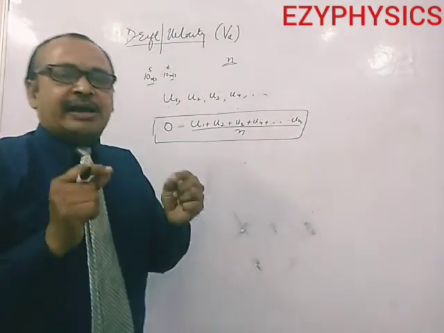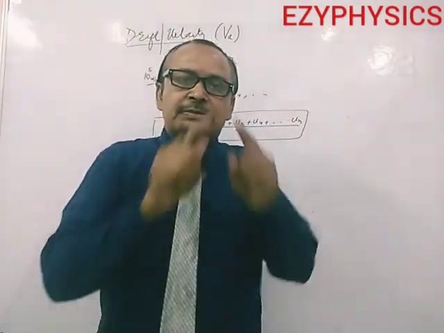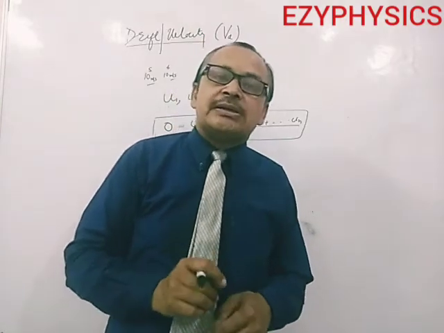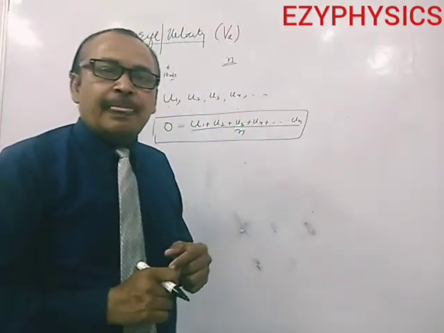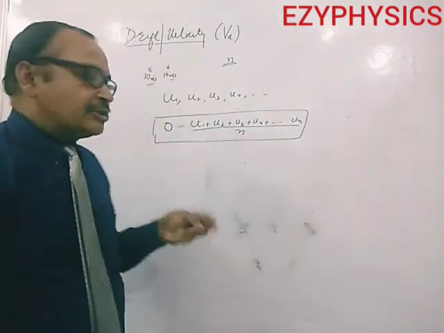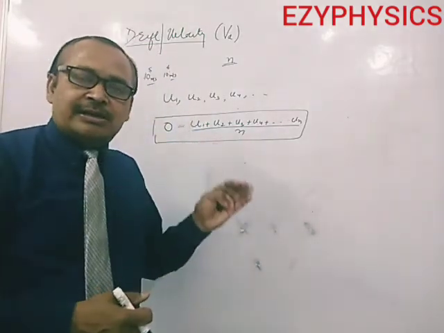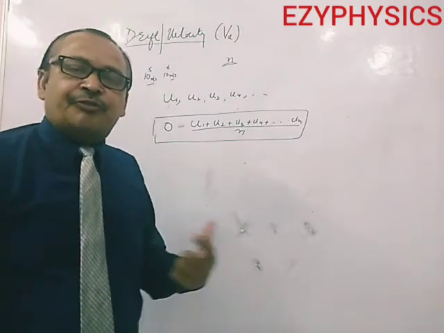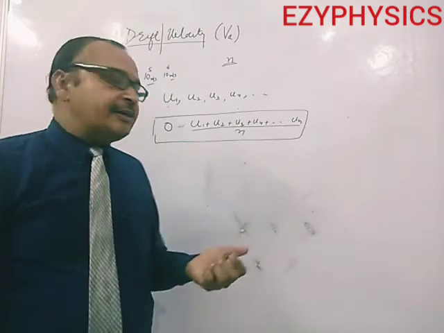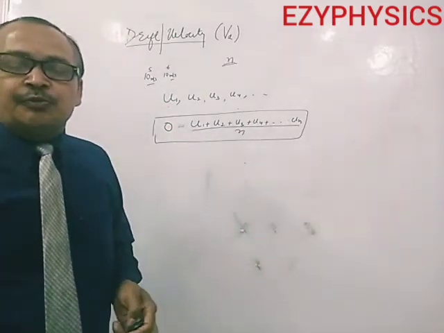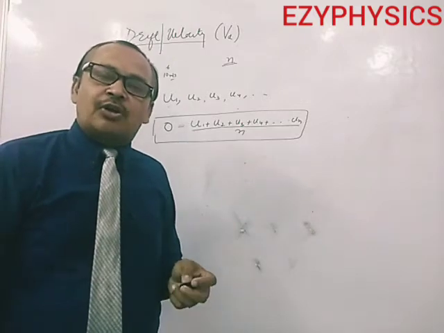Now when we connect an external source to the conductor, what will happen? Due to this electric field, the electrons will be drifted from one terminal to another terminal with a constant velocity.